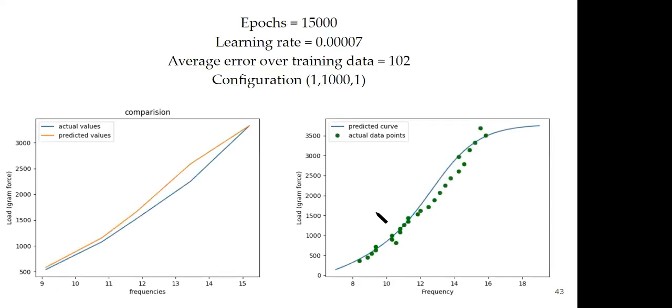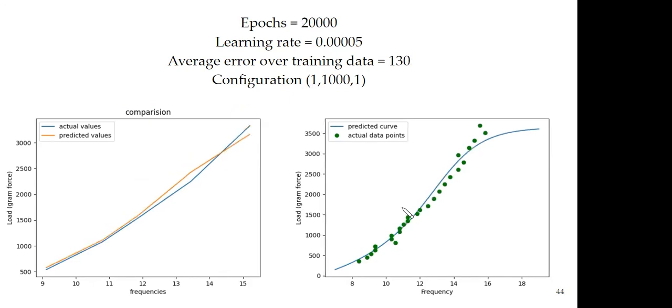I have also tried a few other presets for the neural network. This is one of them, where the configuration was different. The number of nodes in the hidden layer was only kept to 1000 here. The average error came out to be higher than the previous case. Also, I have tried various learning rates.